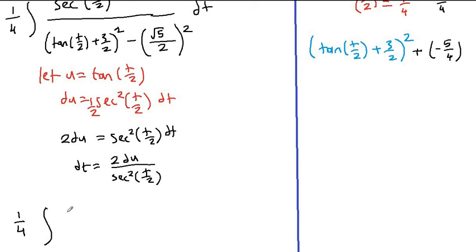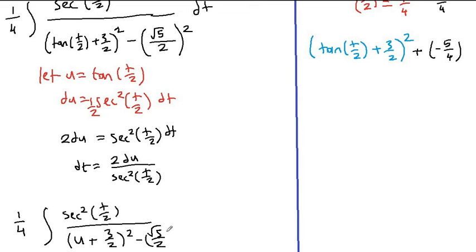Instead of tangent t over 2, we have u plus 3 over 2, the quantity squared, minus radical 5 over 2, the quantity squared. And instead of dt, we have 2 du over secant squared of t over 2.